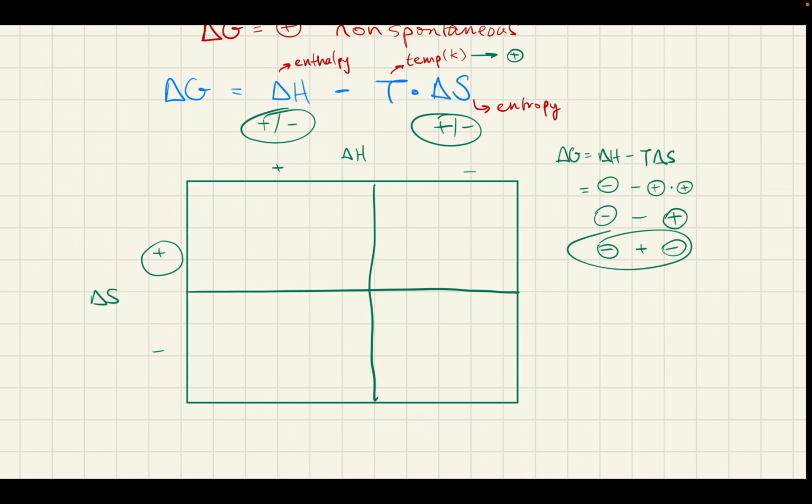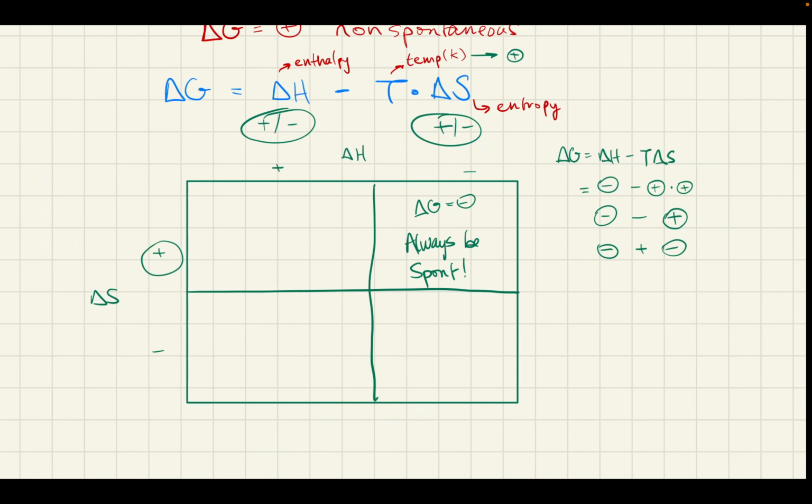If we have something in this top right quadrant, no matter what, delta G will equal a negative number plus a negative number, aka it is always negative. So I'm going to put in this top right quadrant that delta G is negative, or that if delta S is positive and delta H is negative, we will always be spontaneous.